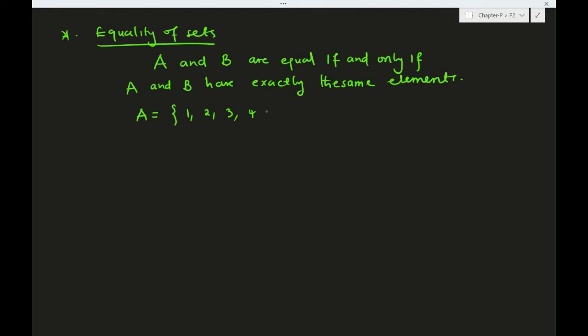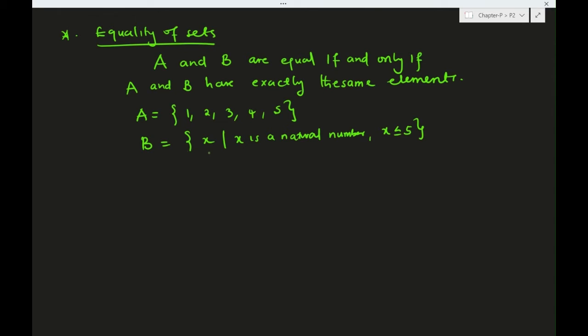So if this happens, for example, if you take set A to be 1, 2, 3, 4, and 5, and set B we can say is X such that X is a natural number and X is less than or equal to 5. If you look at these two sets, they are exactly the same. There is nothing different. It's just how the sets are being defined.